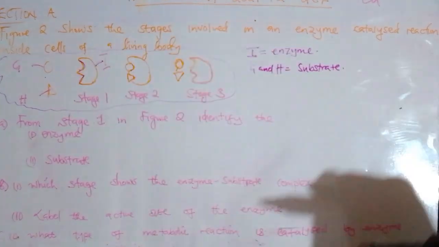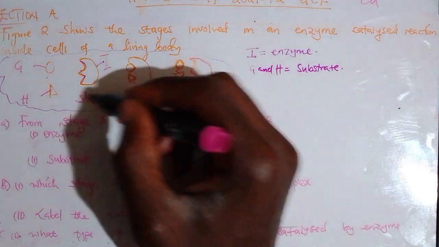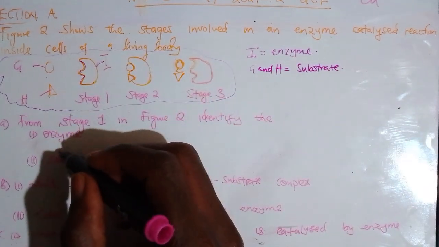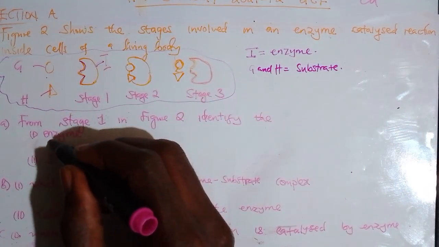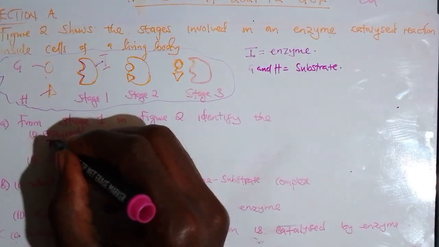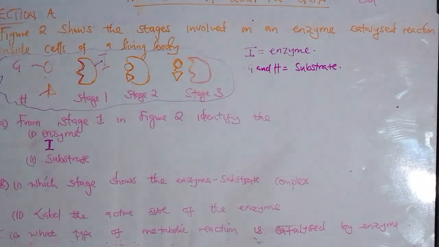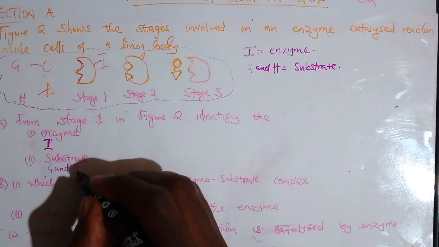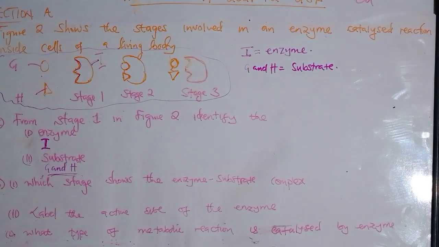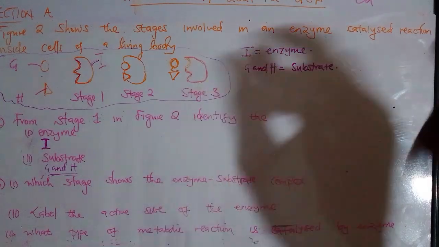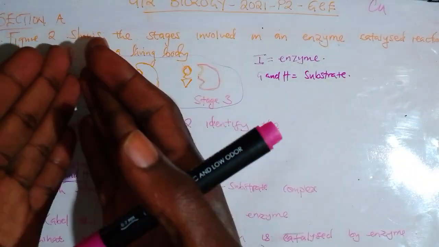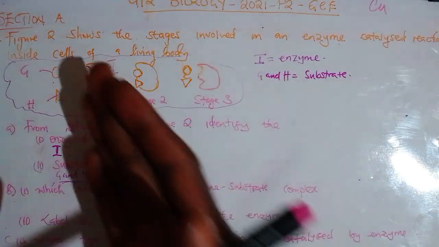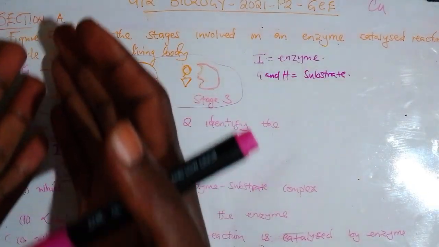These shapes. Yeah. So the enzyme is what? I. So once you write I, meaning you have solved your first question. Then the substrate, we said it's G and H. Yeah. So why are we saying G and H? Because the enzyme has two shapes, meaning it has two substrates.